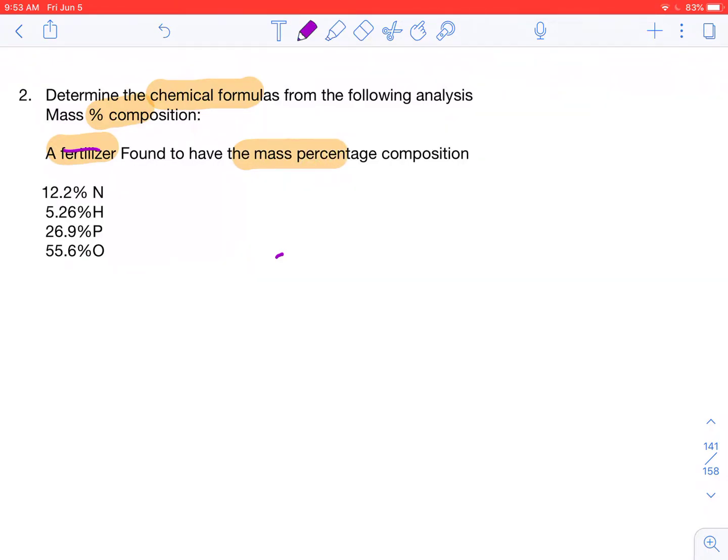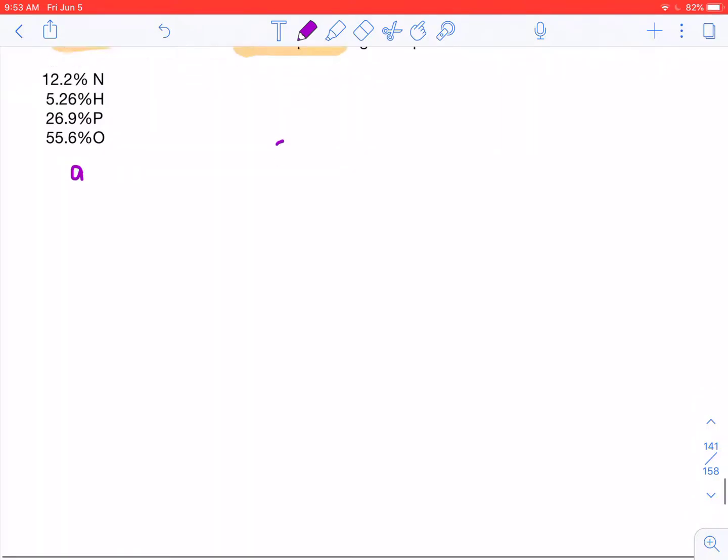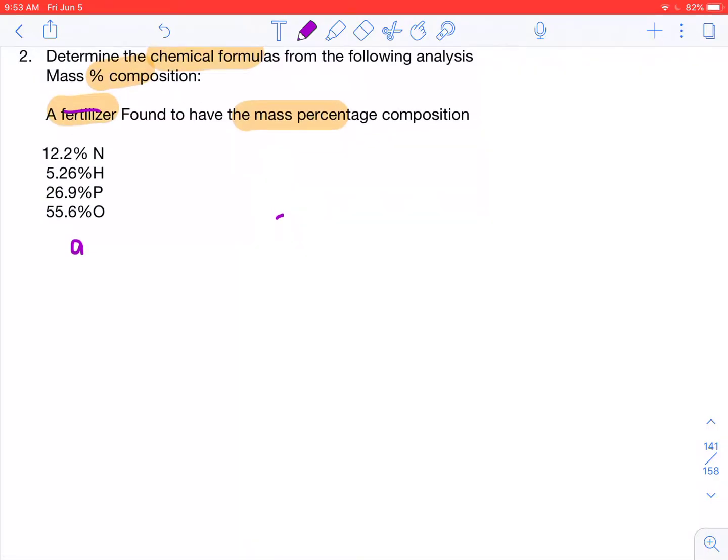Okay, so again we have this, and we say assume a 100-gram sample.